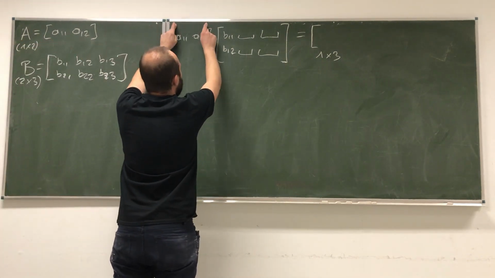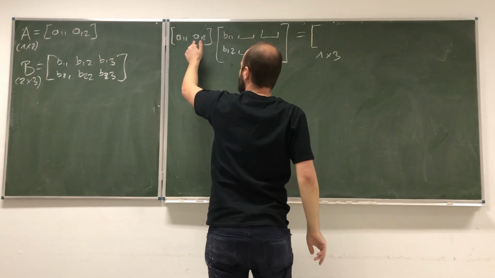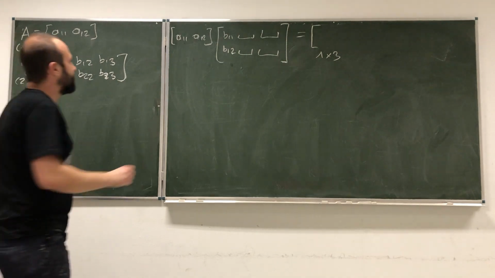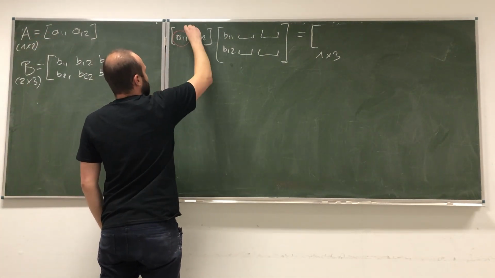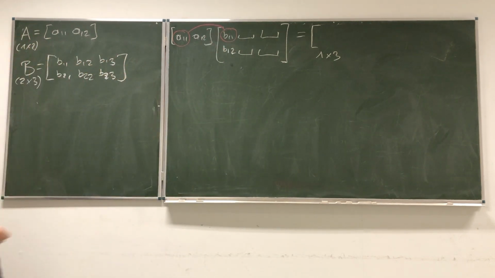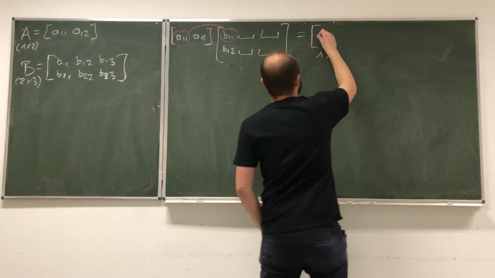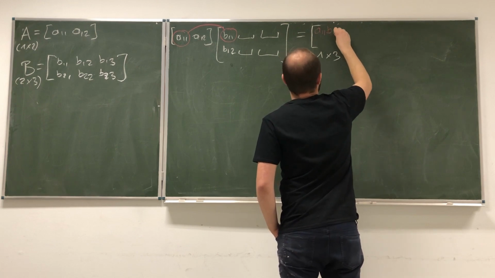The number of columns here is the same as the number of rows. So multiplication like that makes perfect sense, right? Okay, so how do we do it? Look, we go step by step. So first, I take the first element from the first row, and I multiply it by the first element from the first column of the second matrix. And I get A11 B11.